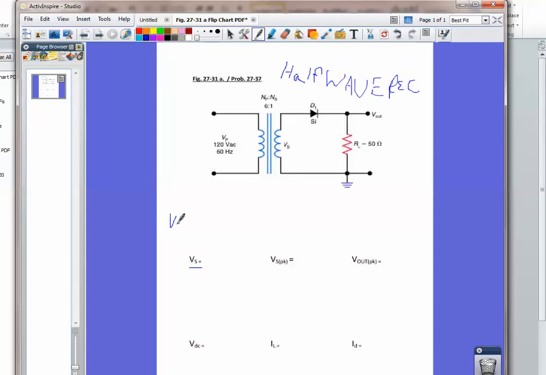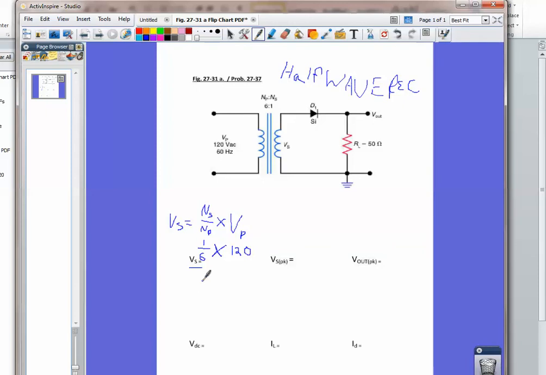So Vs is equal to Ns over Np times Vp. And the Ns over Np is 1 over 6 times Vp, times 120 volts.